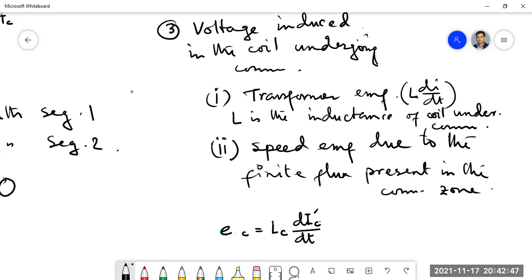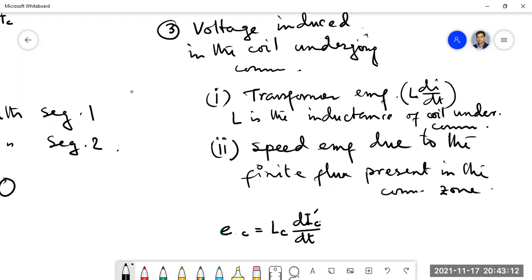So this will be the voltage that will be induced in that coil. Am I right? So what will be the effect of this voltage? What will this voltage do to this commutation profile? Anyway, for the time being, don't consider the resistance effect, that means the coil resistance effect.